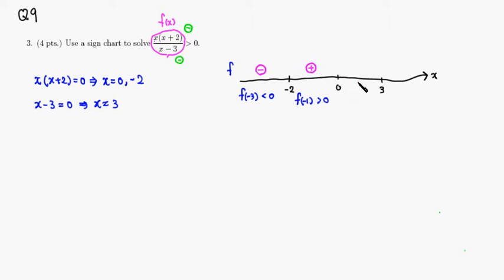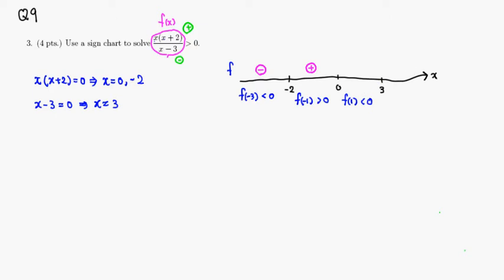Between 0 and 3, I'll try 1, so f of 1. 1 is positive and 1 plus 2 is positive, so on top it's positive. 1 minus 3 is still negative, and positive divided by negative is negative, so we indicate a negative sign here.